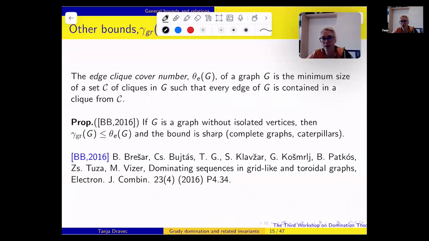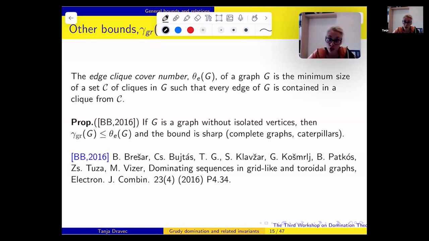Then we have some other nice bounds for Grundy invariants related to other well-known graph parameters. I just selected a few, and those that I selected I will present again at the end of the talk with some algebraic proof of these results.